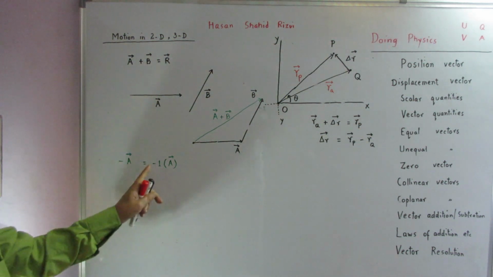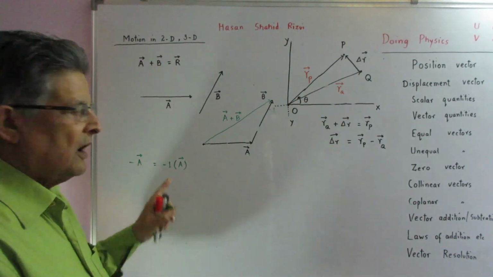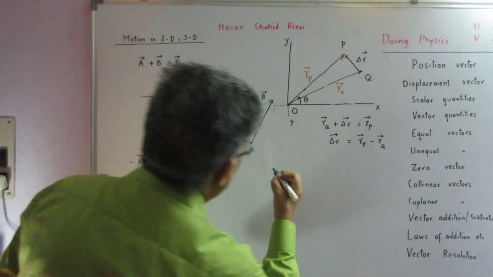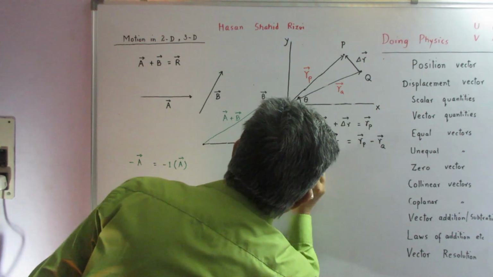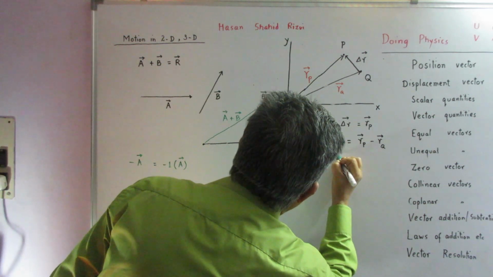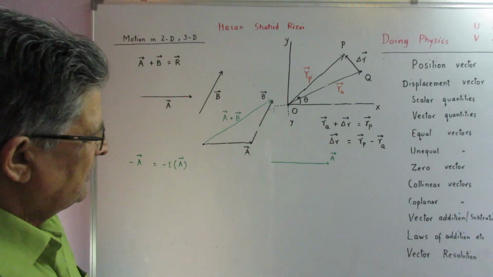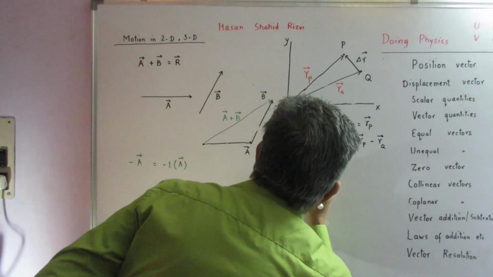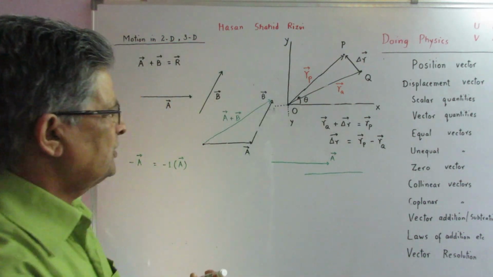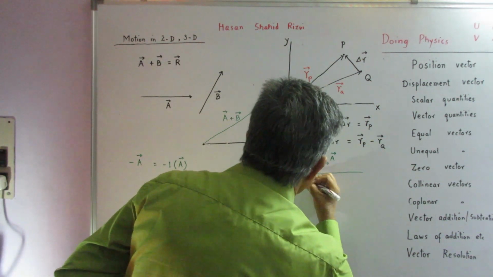Minus 1, or this minus sign, is a 180 degree angle difference between A and minus A. So if I have this vector A, suppose here in this case this is the vector A in the x direction, then of course if I draw a line which is equal in length but parallel to the first vector, but the direction is changed, that is there is an angle.